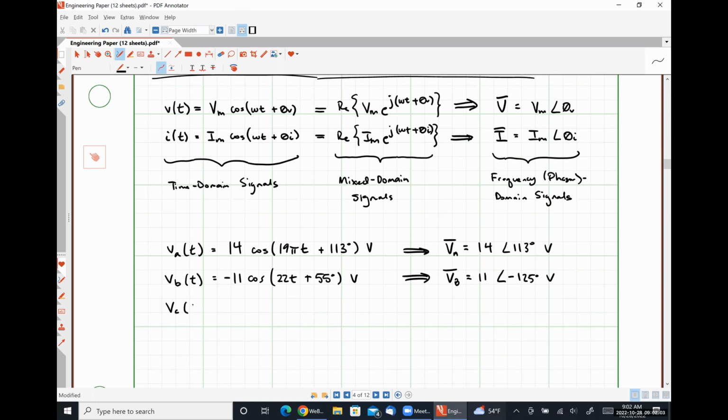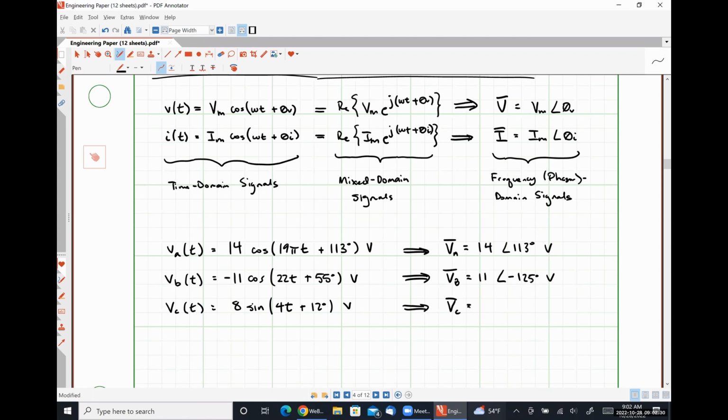If we had some signal VC of t that was 8 sine 4t plus 12 degrees volts, because the cosine is our basis, we need to convert our sine to our cosine by subtracting 90 degrees.